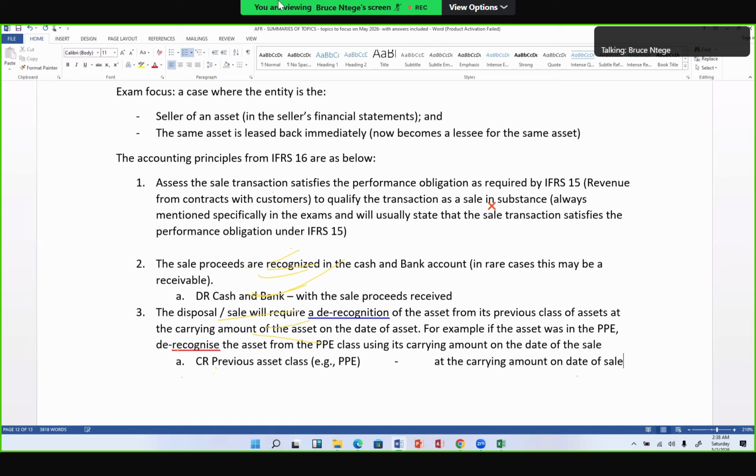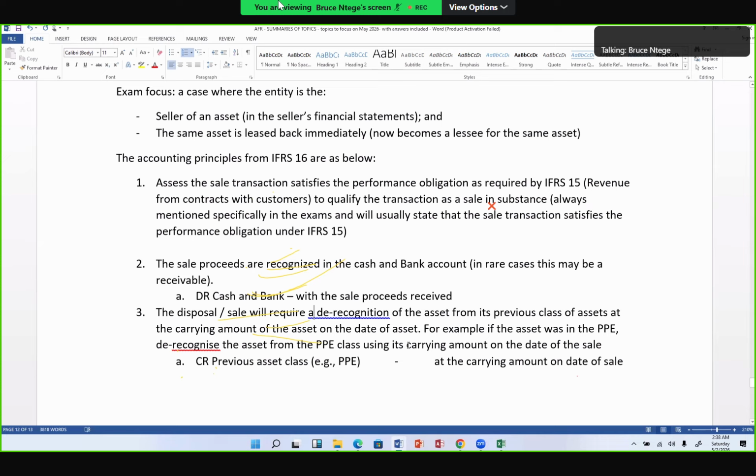So that's the third thing a student should do in this paper. The moment I have this sale and leaseback, and it has qualified, then that disposal or sale will require a derecognition of this asset from the previous class of assets where it has been, and you use the carrying amount it had in that class on that date of sale to derecognize it.